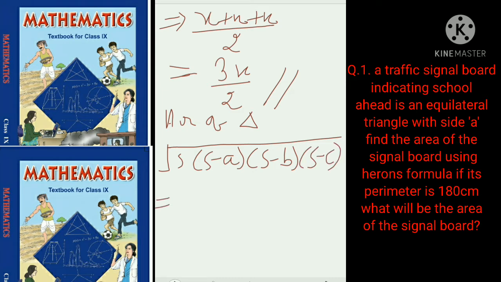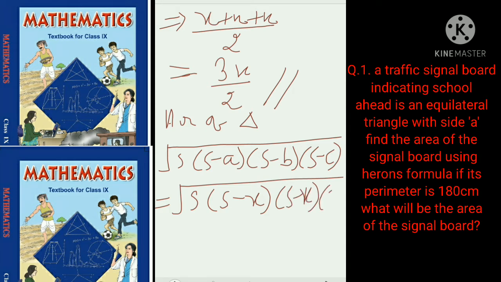Now according to the formula we will put the values. First of all, let s remain s. Now the s minus a value is s minus x, since the side of the triangle is x, and s minus b, b is also x, and s minus c, c is also x.